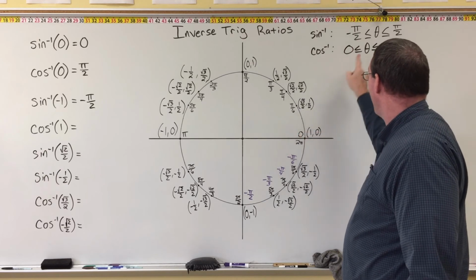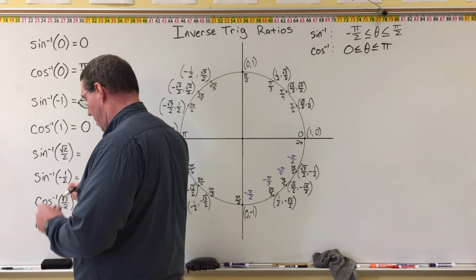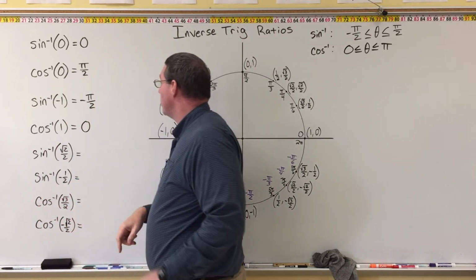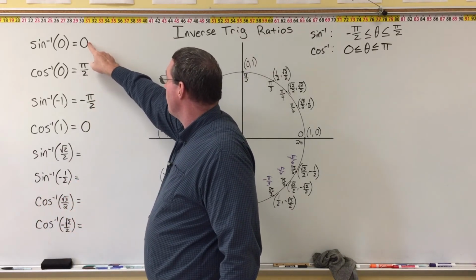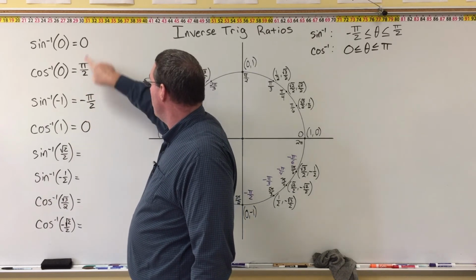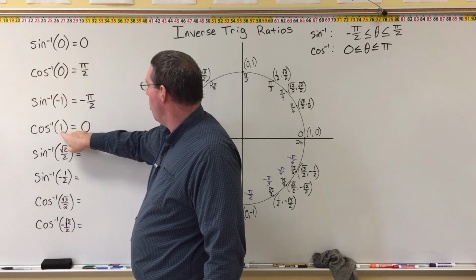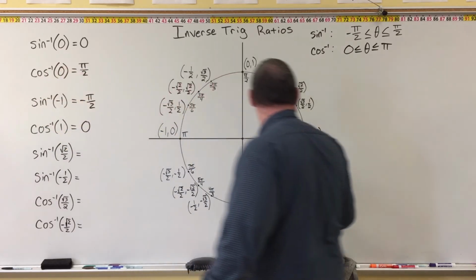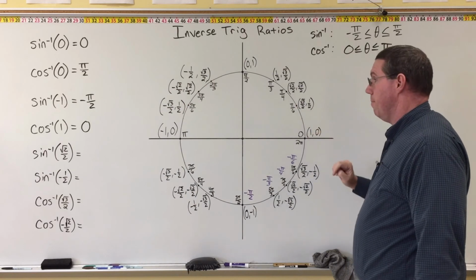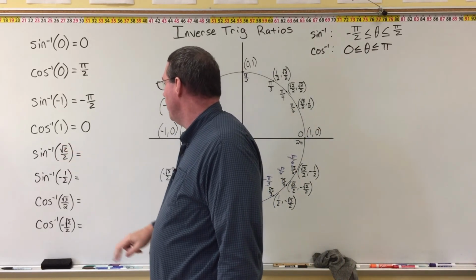So cosine inverse of 1 is 0. Now you'll notice something interesting here. Here's a theta angle of 0, and here's a theta angle of 0, and you can see the x-coordinate and the y-coordinate, (1, 0).